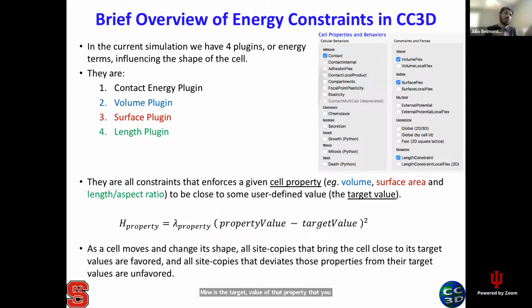And then as the cell moves and changes shape, it's trying to bring the cell close or stay relatively close to this target value or this ideal parameter, depending on how strong you set this parameter to be, okay?